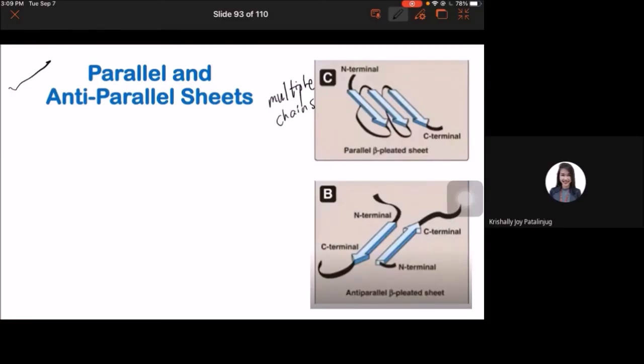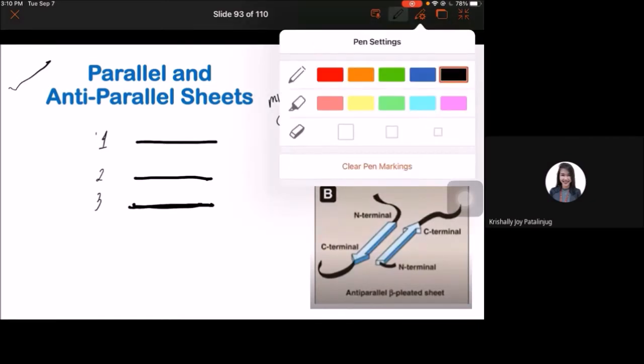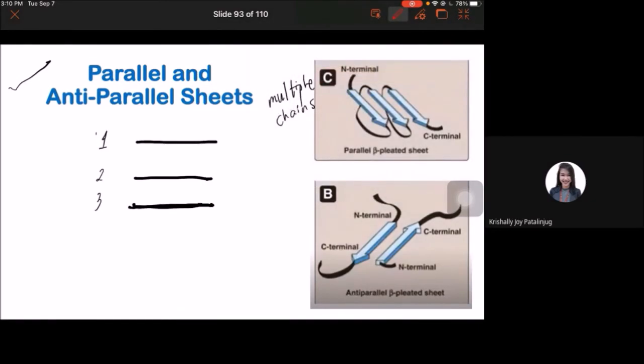So for example, we have multiple peptide chains, like you have 1, 2, then a third chain. For us to identify its arrangement, if it is parallel or anti-parallel, simply know the location of the N-terminus and the C-terminus. You know this already, di ba?